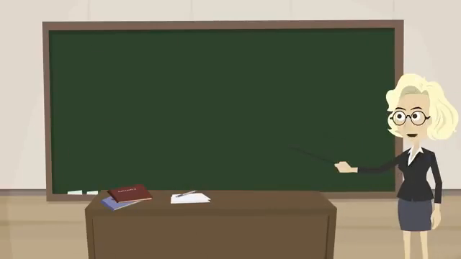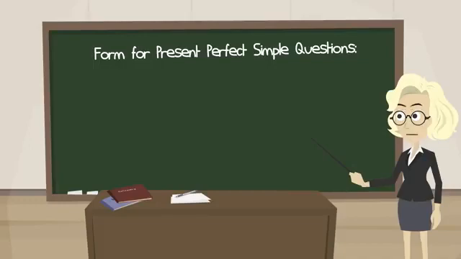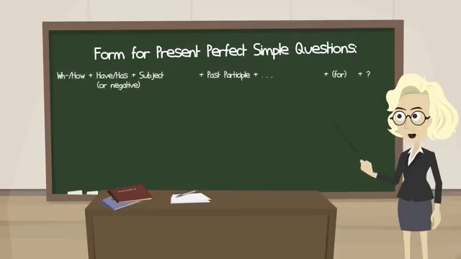Now let's have a look at the form for present perfect simple questions. For open questions, the form is WH or how question word plus have, has or their negative form plus the subject plus past participle plus whatever you want to say plus for.